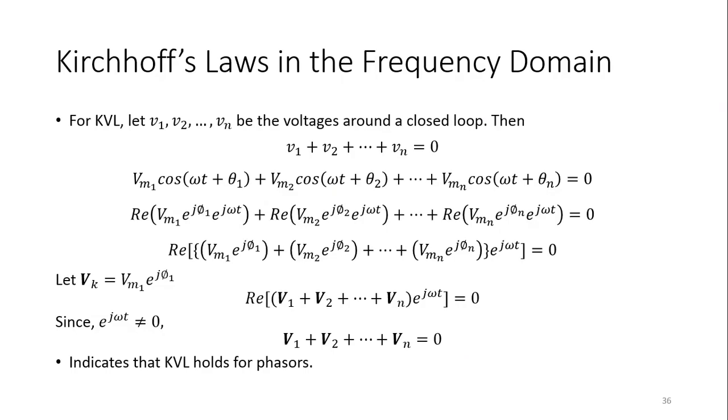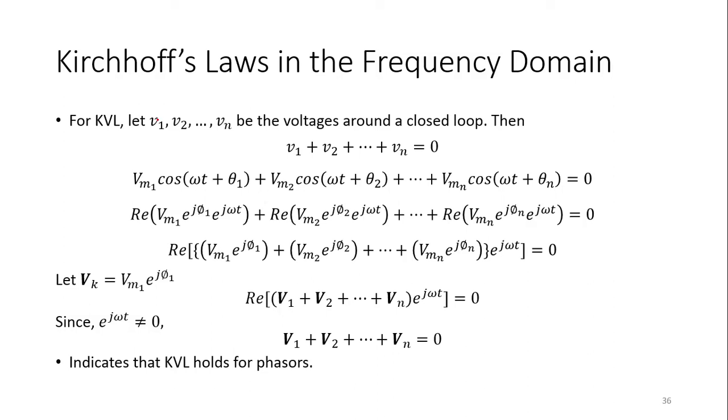So moving on to the next topic, Kirchhoff's laws in the frequency domain. For example, consider V1, V2 up to Vn are the voltages around a closed loop, series elements connected in series. The voltage drops across them are V1, V2, and so on.